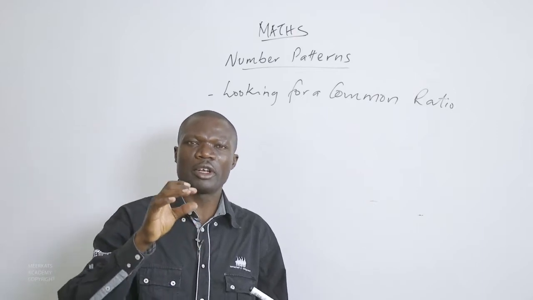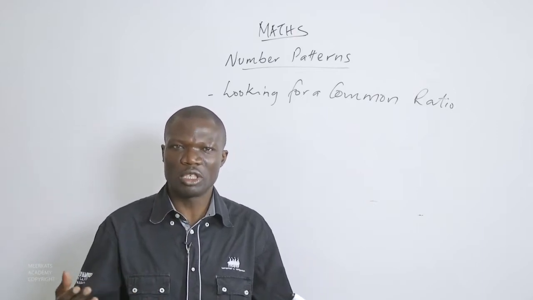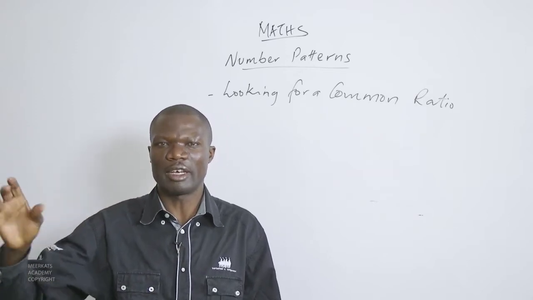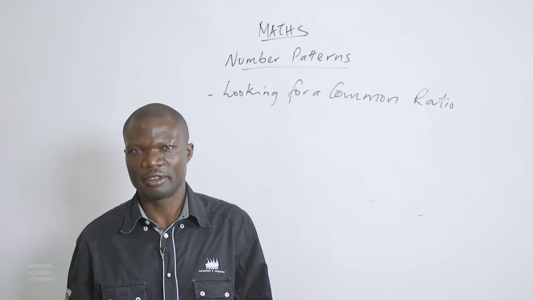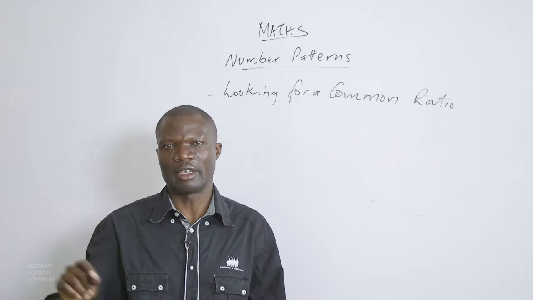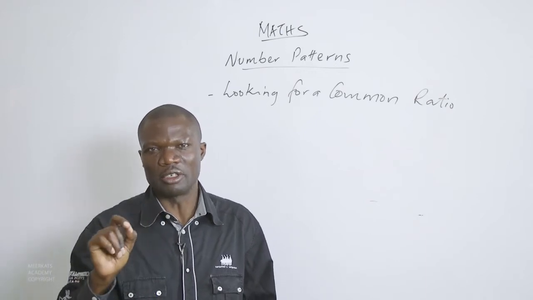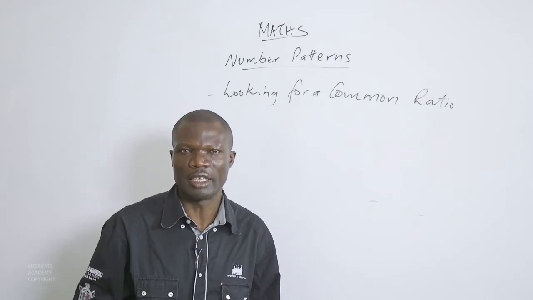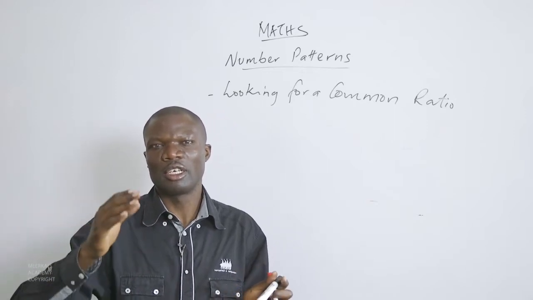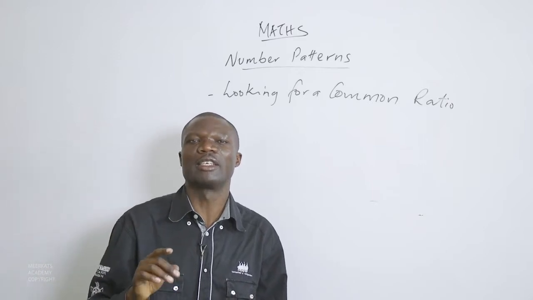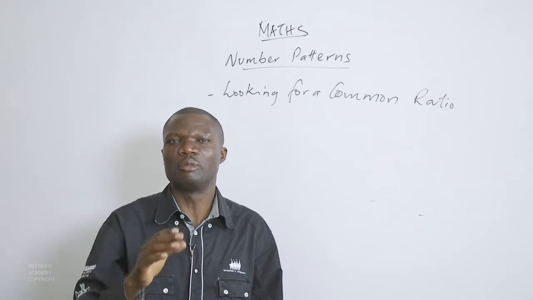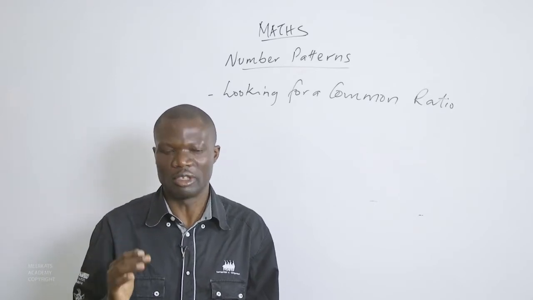When we talk about a ratio in mathematics, mostly we would say it's a certain number over the other, or divided by another. If the quotient we are getting is constant across the terms, then we shall say that there is a common ratio in a pattern of numbers.